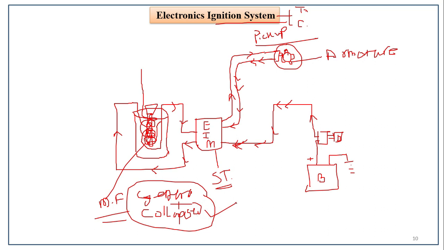So this is an important principle, why this high voltage spark is generated in the secondary windings. This secondary winding is connected to the distributor that we have already discussed. This is the distributor where the secondary windings are connected. Here also you will find different metal electrodes, and these points are connected to the spark plugs.